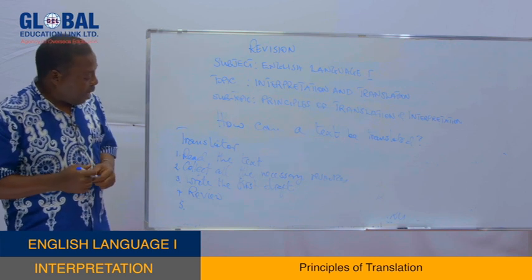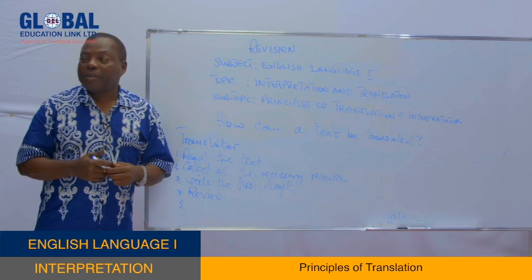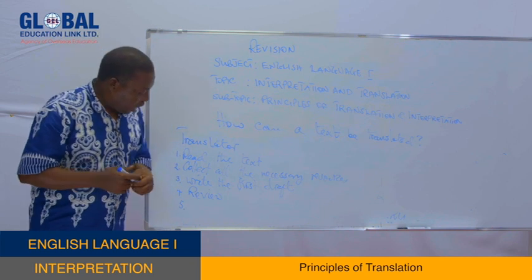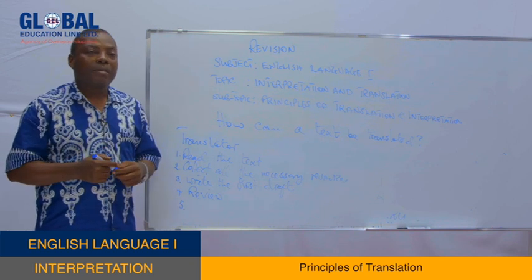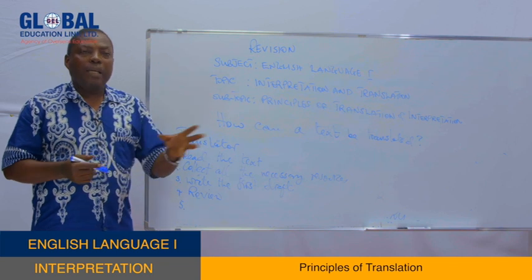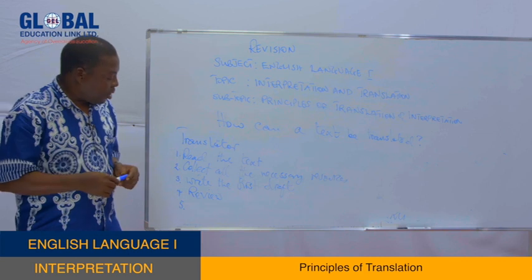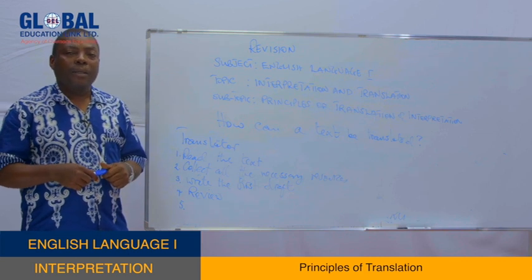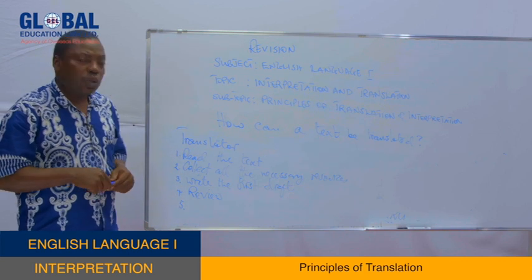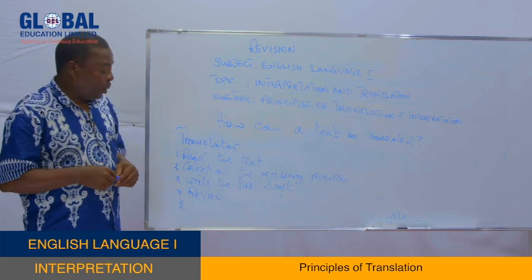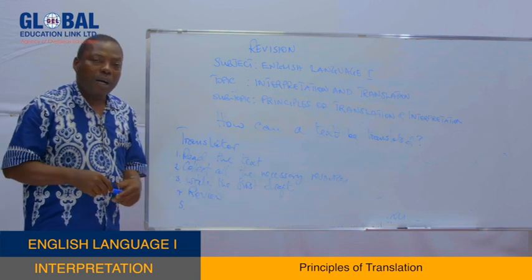When you review the draft, that means you'll have to read the draft to check if there are some mistakes that you have made: spelling errors, grammar, vocabulary, whether appropriate or not, and many more other things. In simple language, you are editing your work.